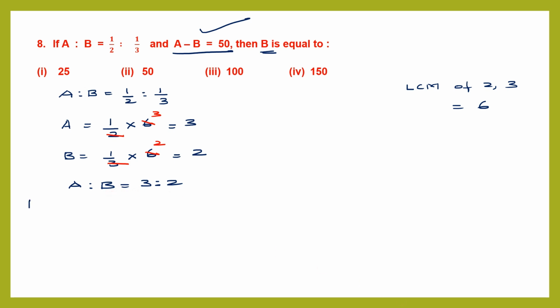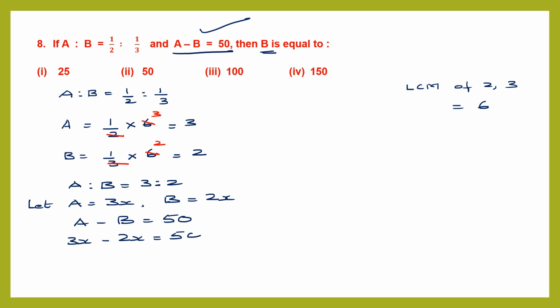So let A be equal to 3x and B be equal to 2x. Taking A minus B is equal to 50 from the question, we replace A with 3x and B with 2x. 3x minus 2x is equal to 50. So 3 minus 2 is 1, that is x is equal to 50.